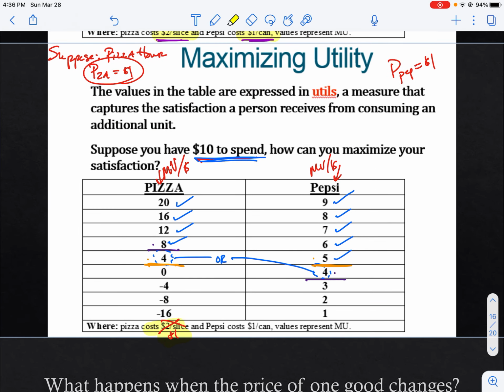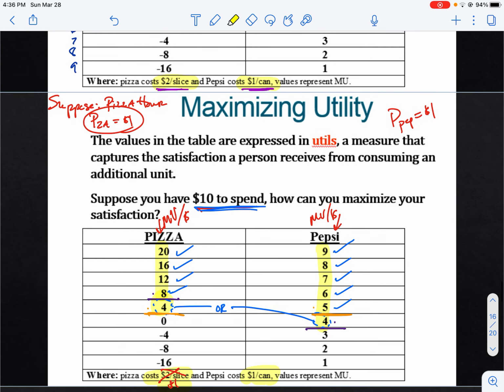But then when the price changed and everything was $1, we had either 4 or 5 pizzas, and then either 5 or 6 Pepsis. So remember before we had 3 and 4.